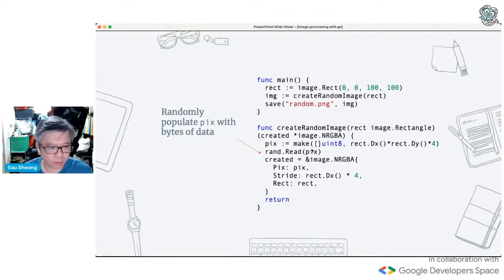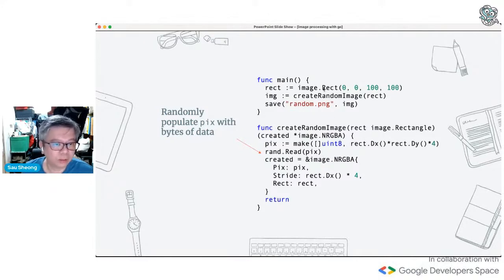And then I call rand.Read, and this will populate the pix byte array. With this pix byte array, I can create an image.NRGBA, passing in the pix variable. You put in a stride, you put in the size, and you're done. Basically, this will create an image.NRGBA.